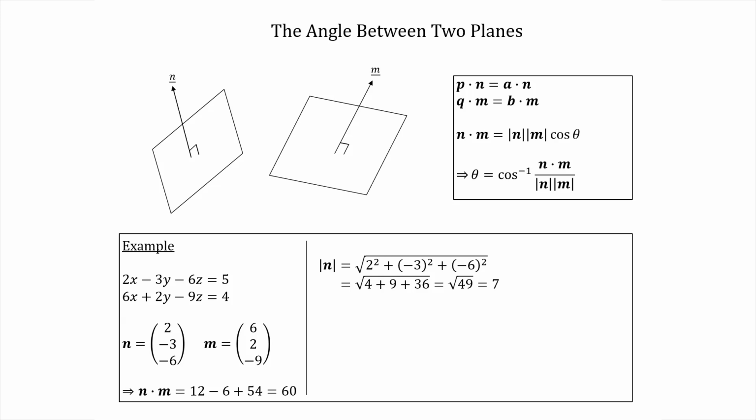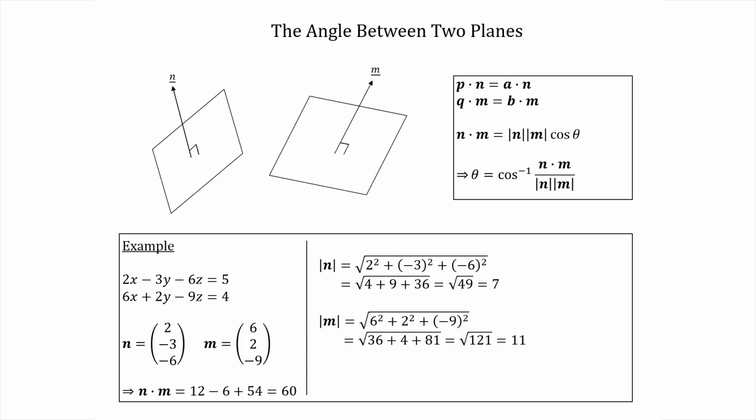Similarly, the magnitude of m is the root of 6 squared plus 2 squared plus (-9) squared, which is the root of 36 plus 4 plus 81, which is root 121, which is 11.